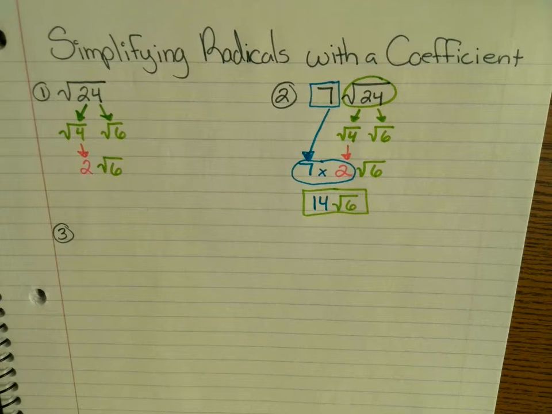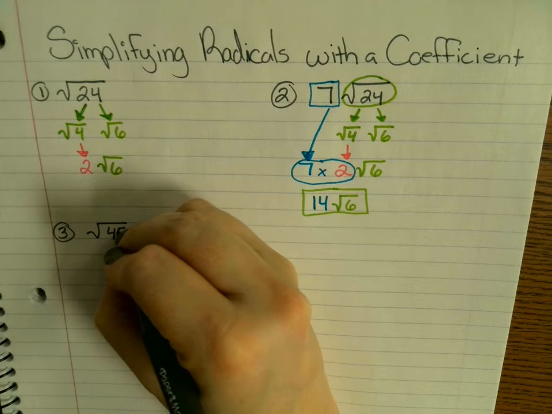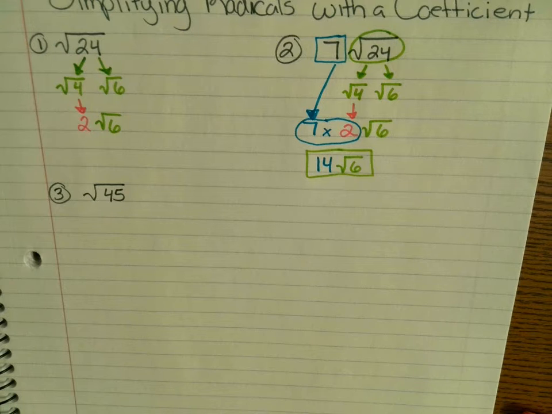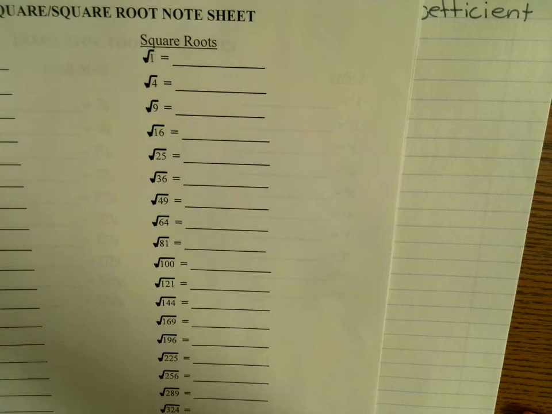Okay, let's take a look at another one. Square root of 45. Originally, with the square root of 45, we would just be focusing on breaking it apart. So let's take a look at our perfect squares. Okay, so 36 is the next smallest perfect square. Is 45 divisible by 36?